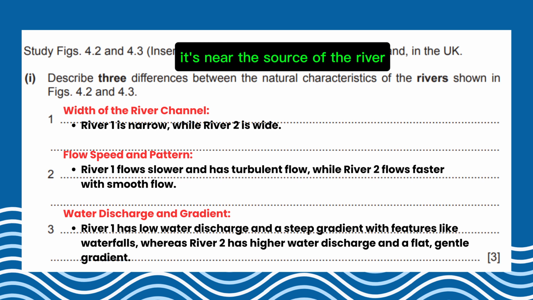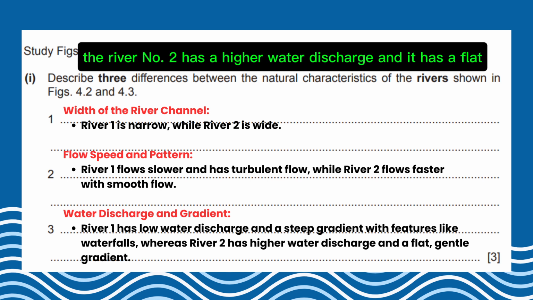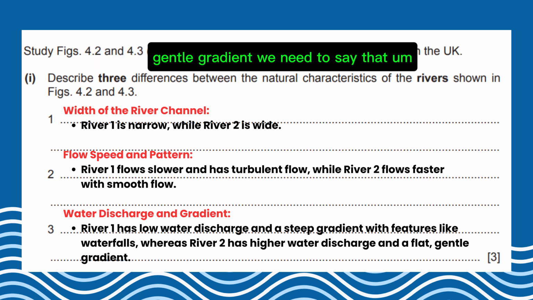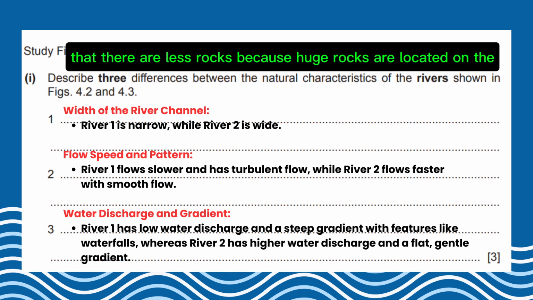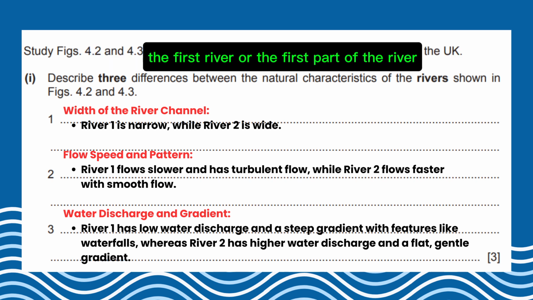It's near the source of the river, so expect a steep gradient. On the other hand, river number two has a higher water discharge and a flat, gentle gradient. Meaning to say that there are fewer rocks, because huge rocks are located on the first river or the first part of the river.